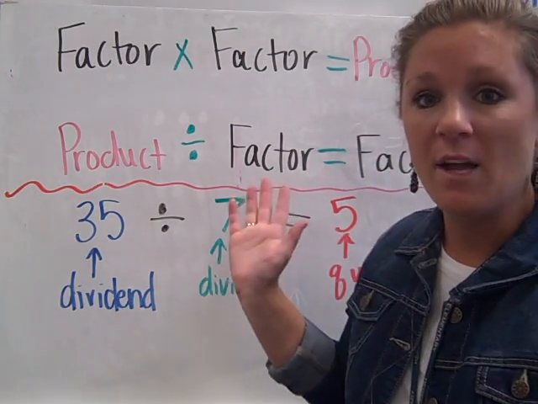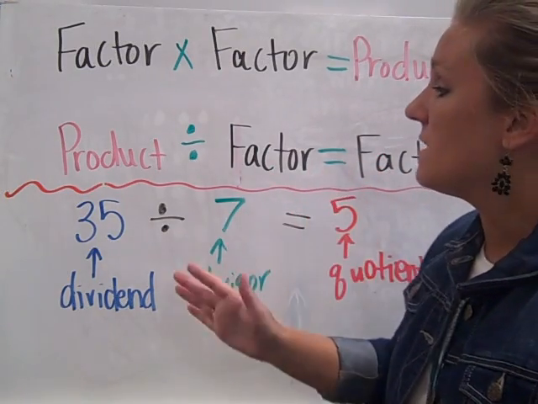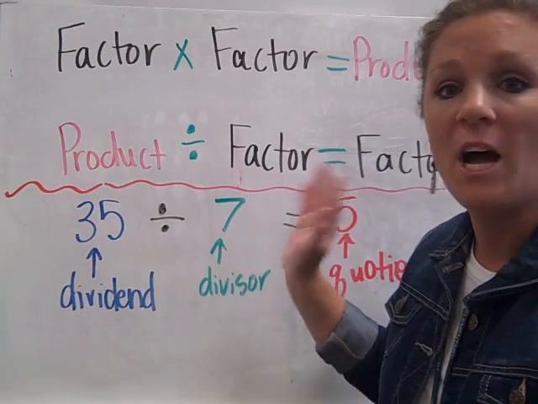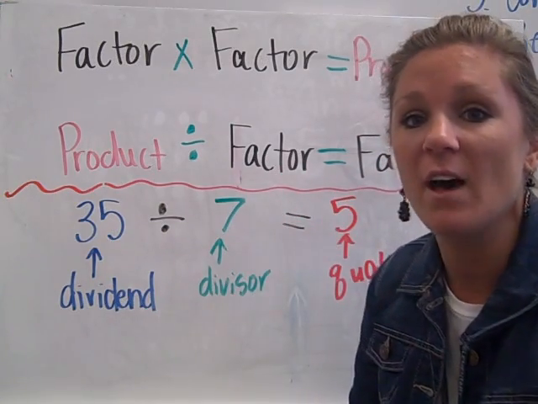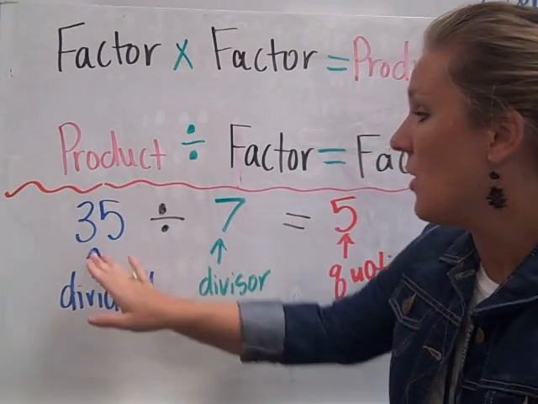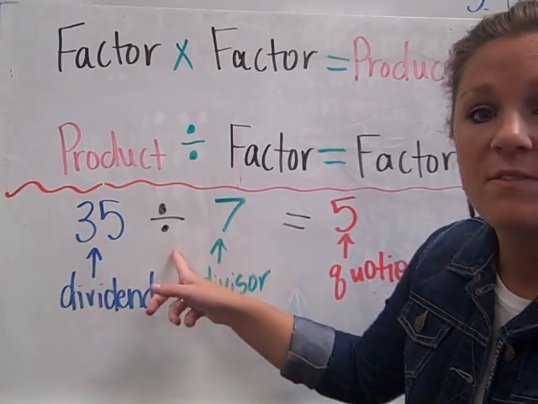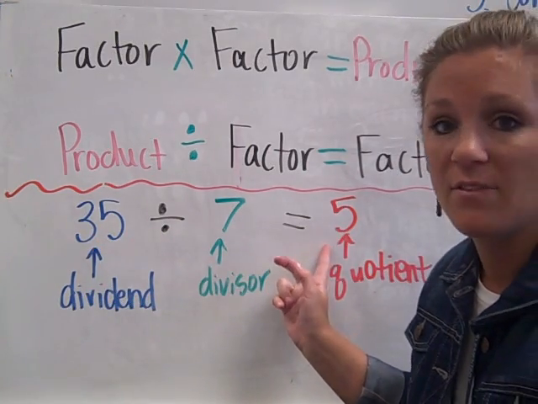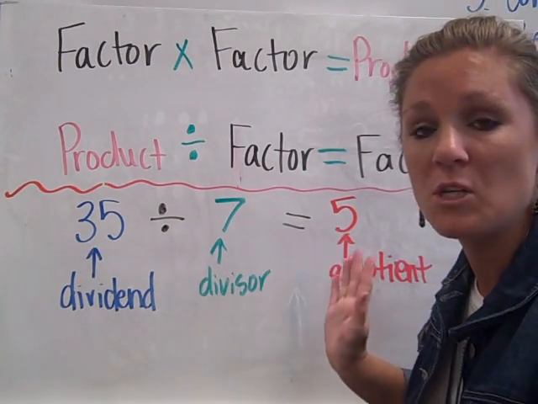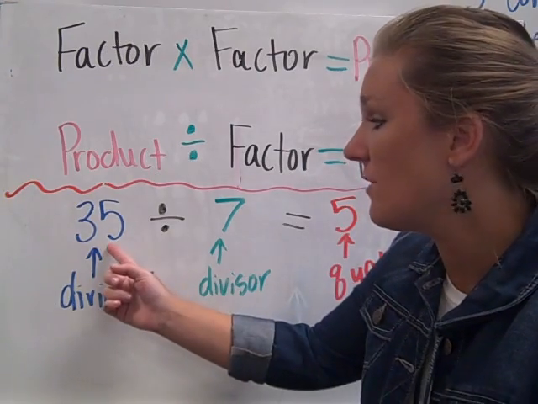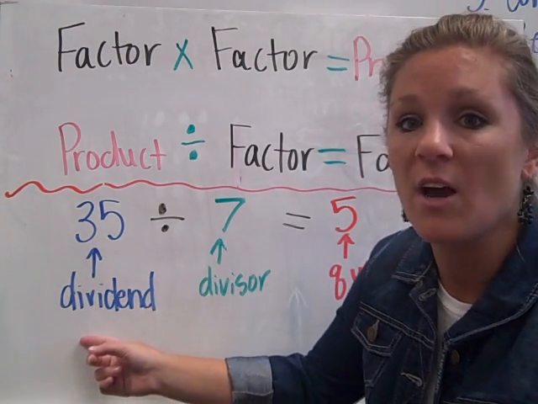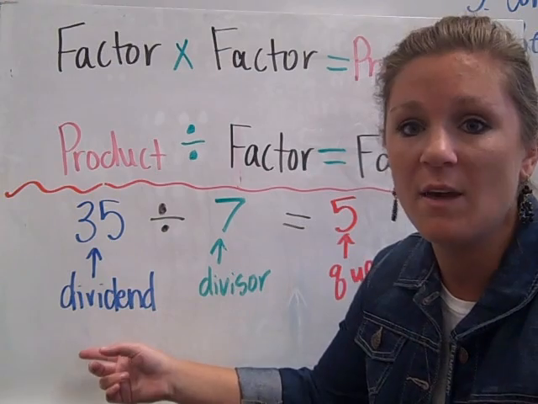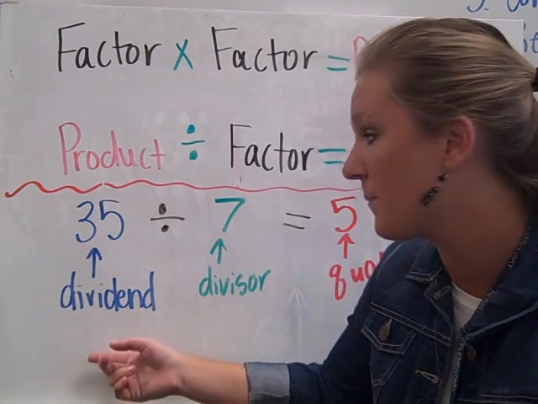Okay? Simple enough, right? Well, in division, we don't use these terms products and factors. They actually have other names. So if we take this example, 35 divided by 7 is 5. Here's what each of those numbers means. So 35 is our dividend. It's our total amount of something that we want to divide equally.